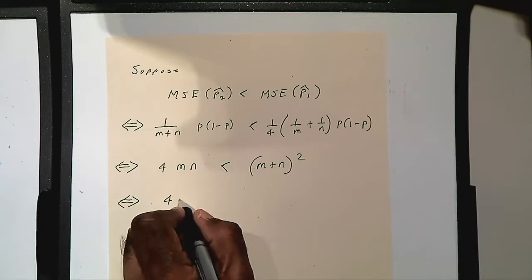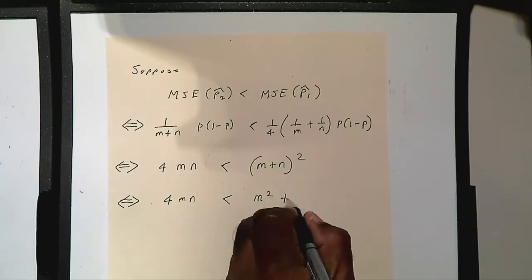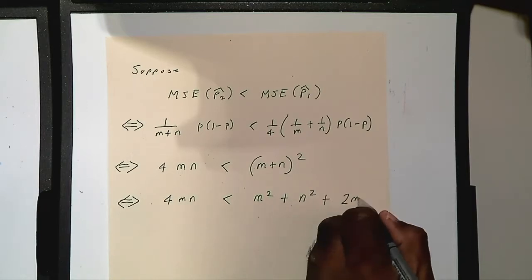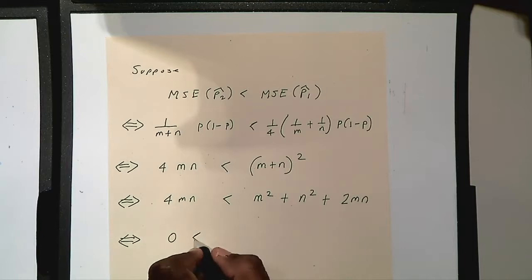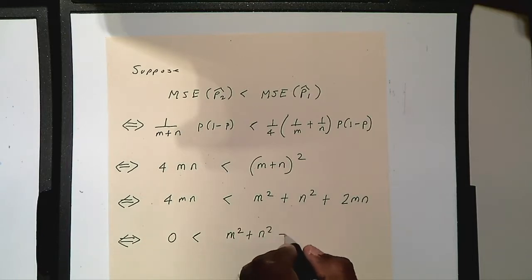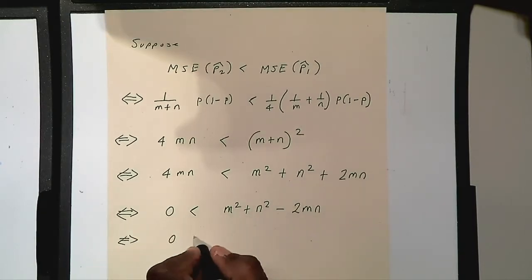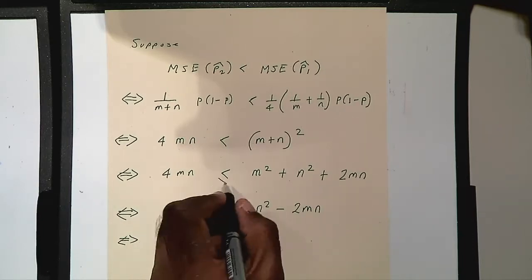So this is 4m and... So I should put an equal sign in case.